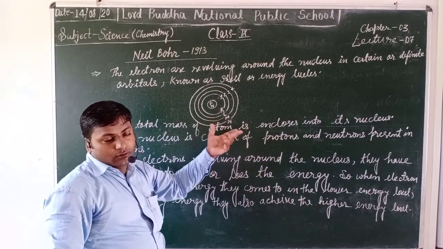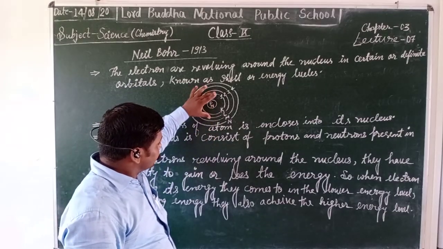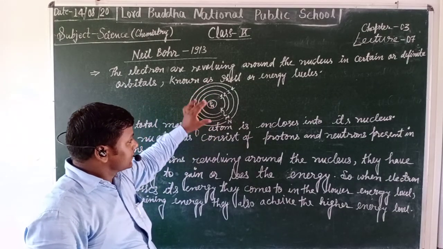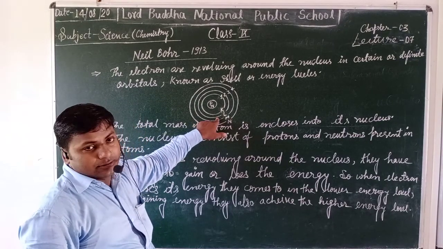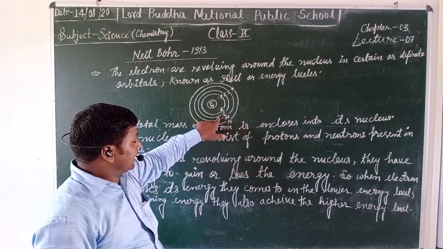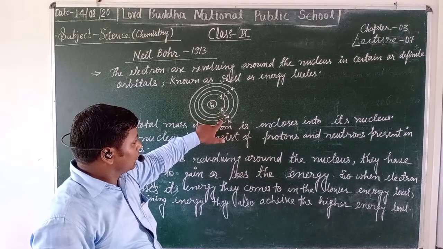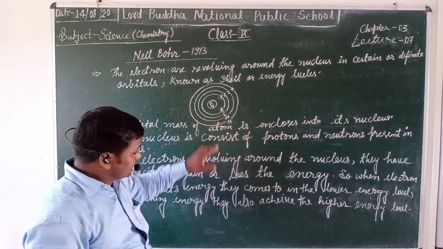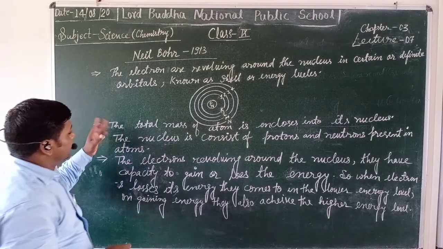Thus, during loss of energy, the electron achieves the lower shell, whereas if the energy increases, then it shifts from shell L to M. This is the concept of Niels Bohr.